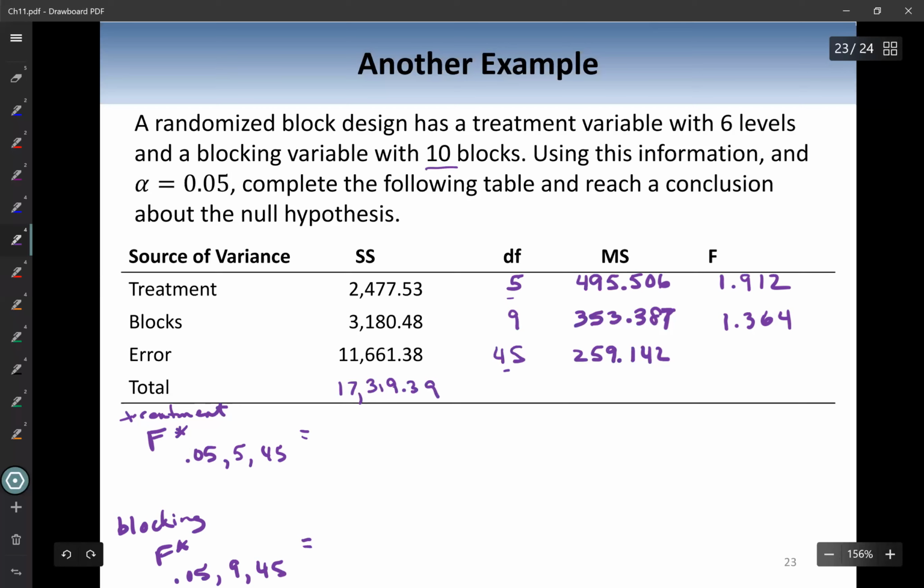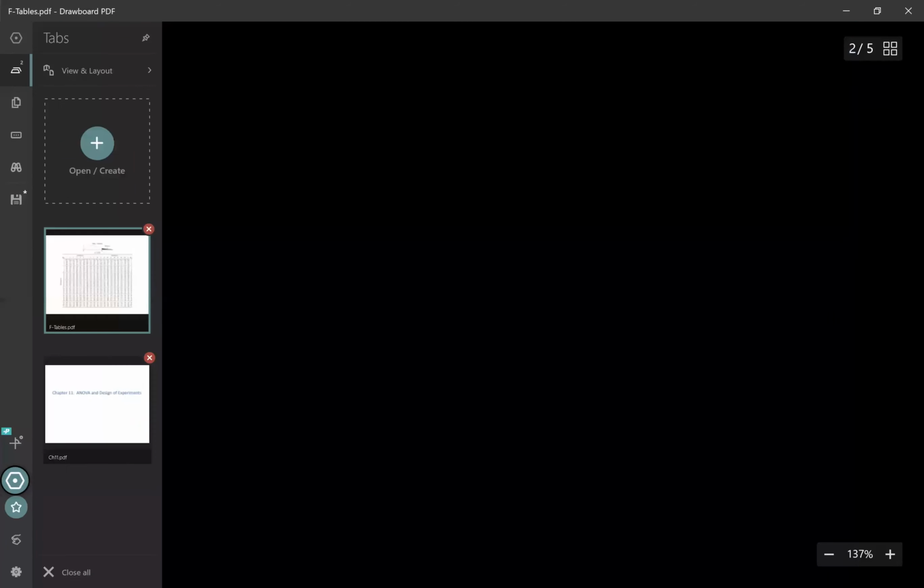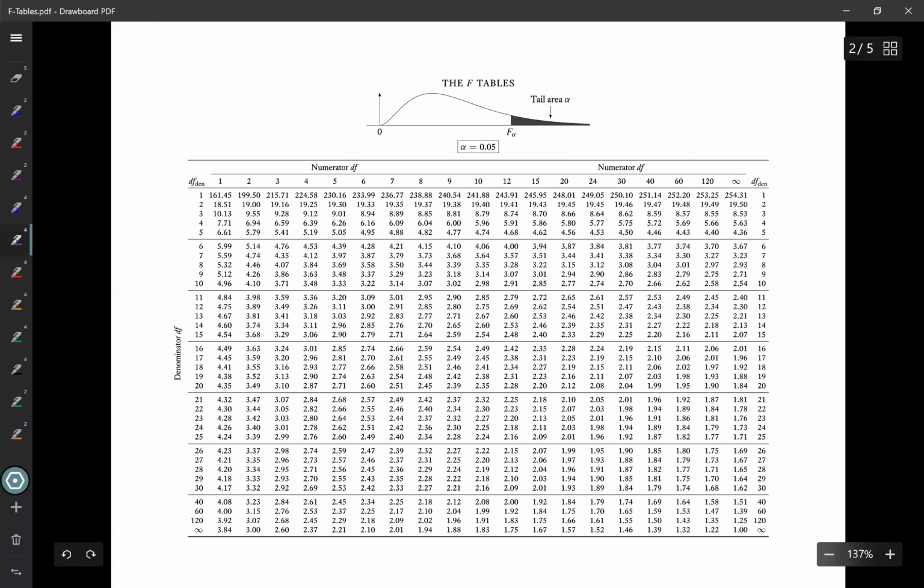So let's go to the table and see if we can get those values. We look up alpha 0.05 and column 5. Now we don't have a 45, so I had already said we should use 40.